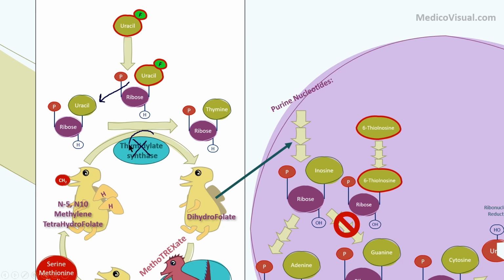It will get stuck in this enzyme, thymidylate synthase, and again similar to methotrexate, it will lead to deficiency of thymine in the cell, and thymine won't be available for DNA synthesis, and DNA synthesis will arrest and the cell cycle will arrest in S phase.